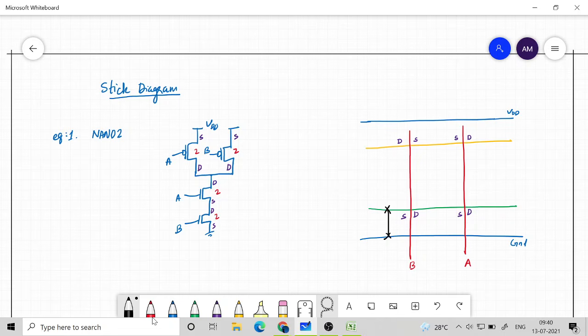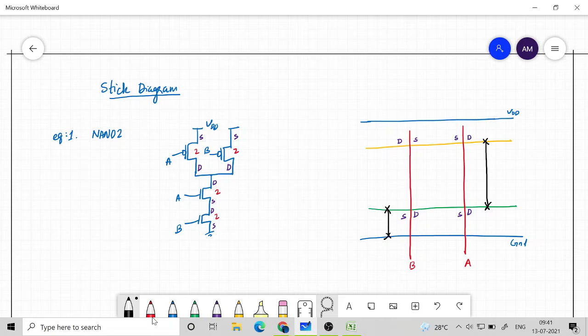So it's pretty fast, you can quickly draw, and this is a shared diffusion region by the 2 transistors, and then you have another metal line connecting like this.